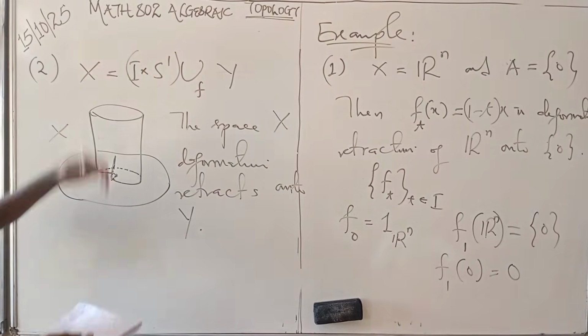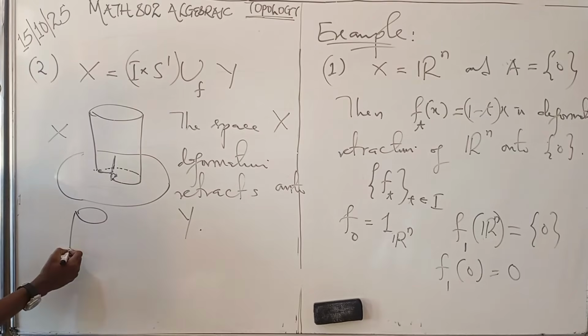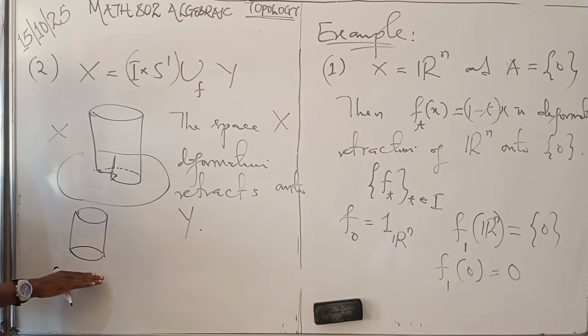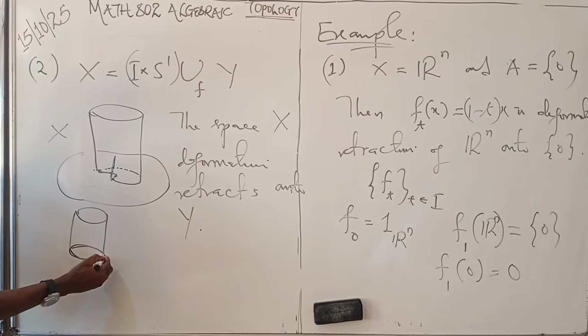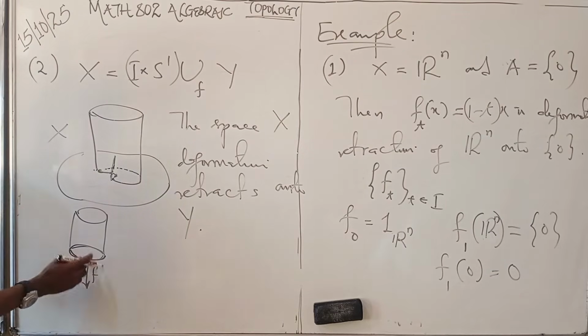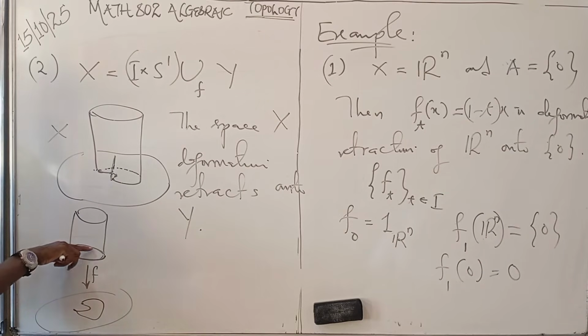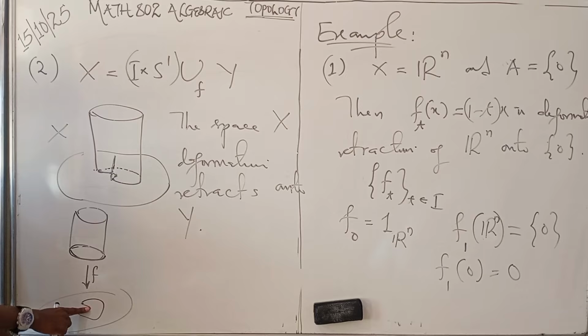And since you have this mapping F, a continuous mapping into the space down here, once you collapse it down, then via this mapping you can now attach it.